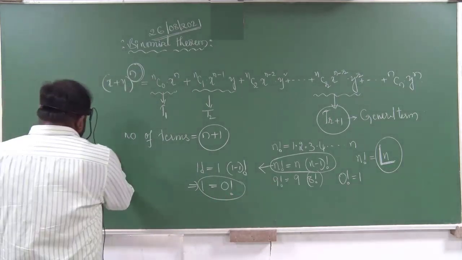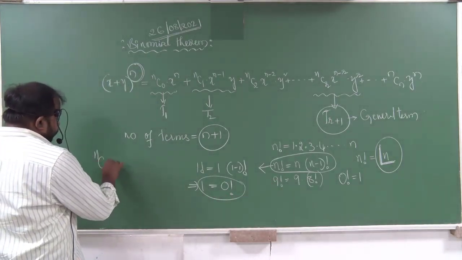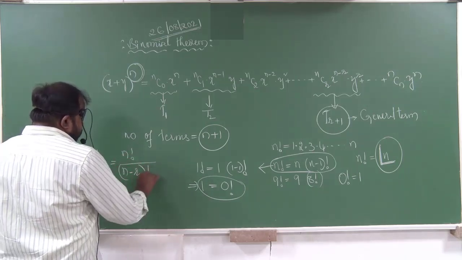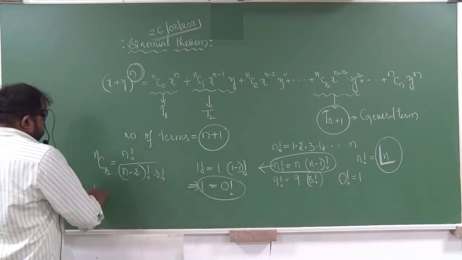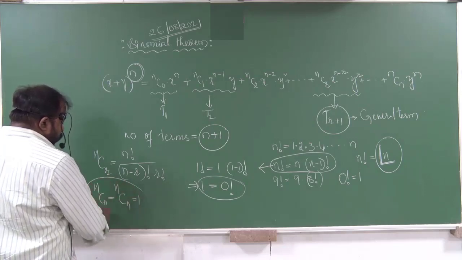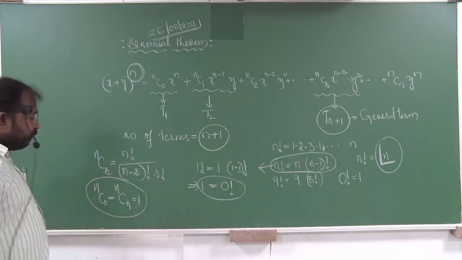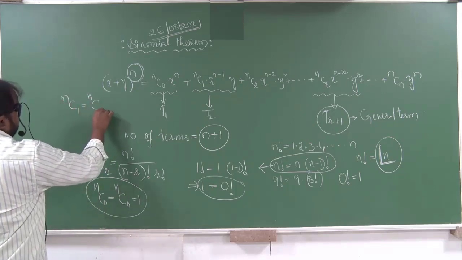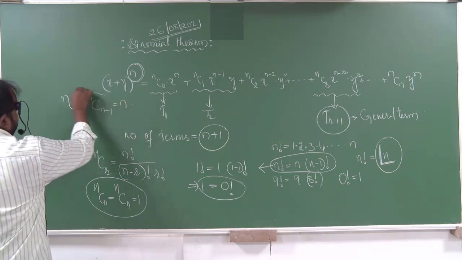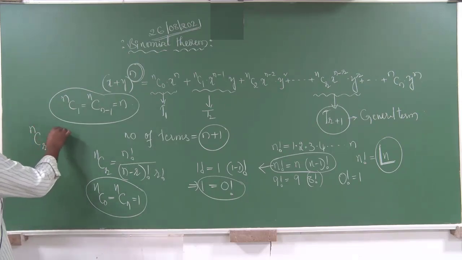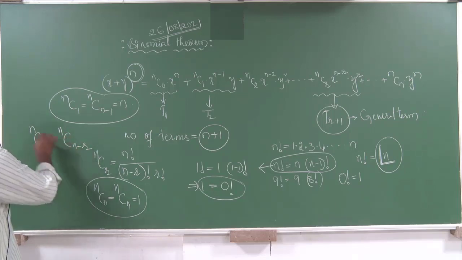After this, the nCr formula we already gave. What is the nCr formula? n factorial divided by (n minus r) factorial into r factorial, and nC0 equals nCn equals 1. This I also already gave. After this, nC1 equals nC(n minus 1) equals n. And one more formula: nCr equals nC(n minus r).